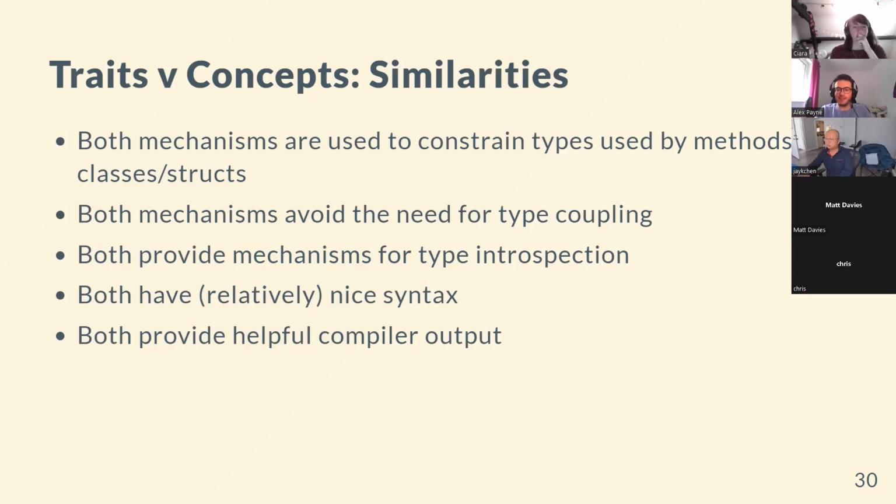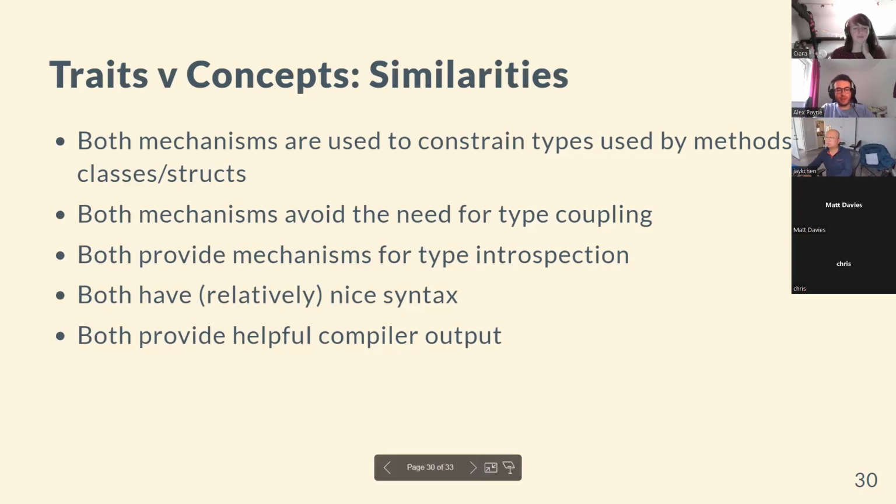When I say that, I mean that the Rust trait syntax is nice Rust, and the concept syntax in C++ is nice C++. They're nice in their respective languages. And they both provide helpful compiler output, although MSVC is a bit iffy.